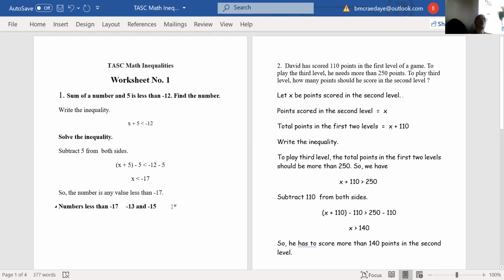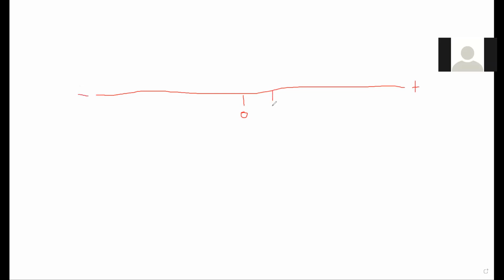Let me look at the number line. Let's go to the new share. There's a number line, right? This is plus. You have your number line. This is negative, right? Say that's 1, 2.